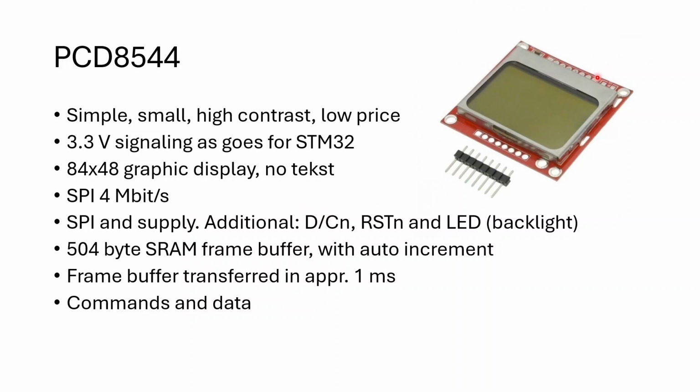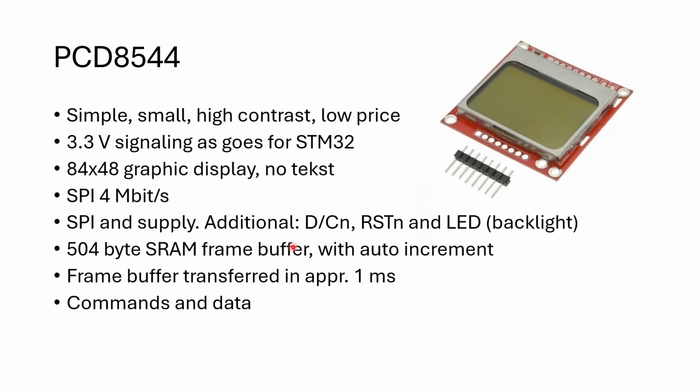They are specific for this chip, and that is the DC pin, and that says basically whether what you send to the chip is data or a command. The other pin is a specific reset pin to reset the chip, and optionally you can also have a backlight on most modules.